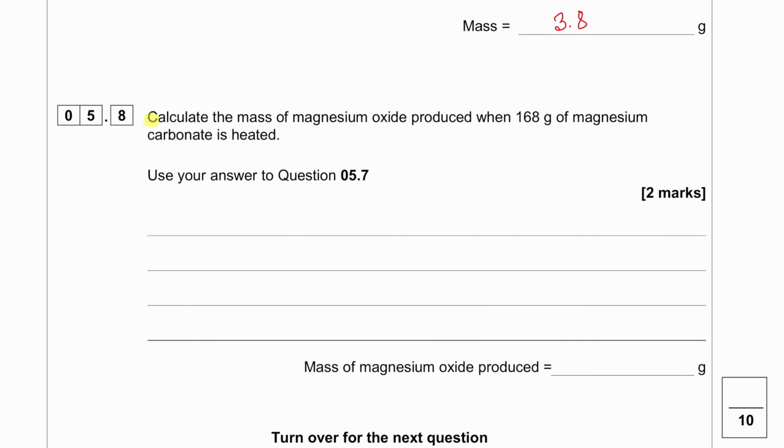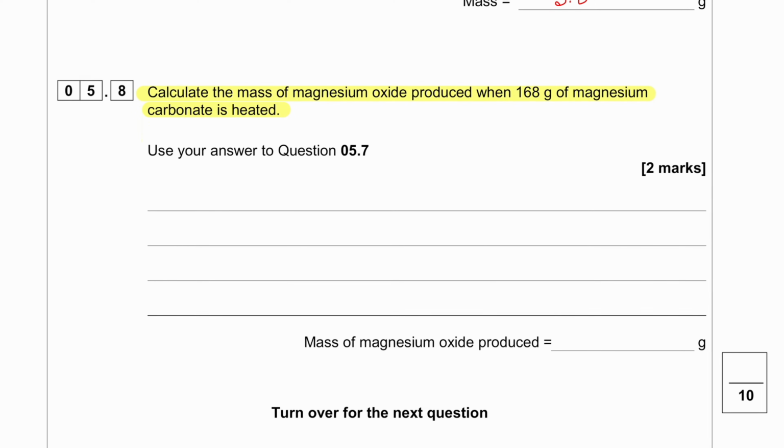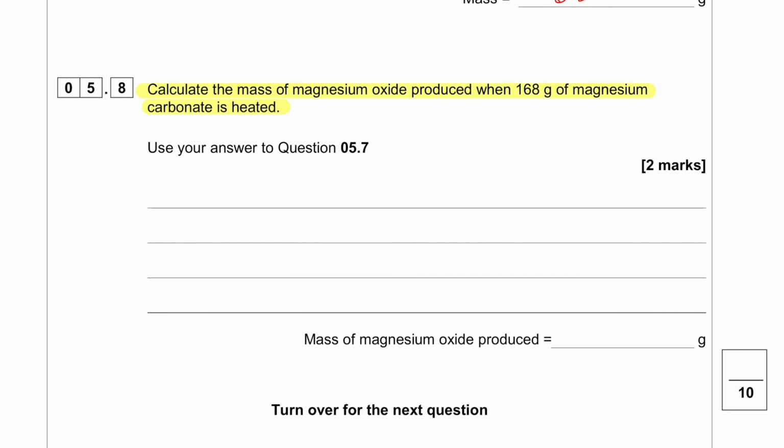All right. Calculate the mass of magnesium oxide produced when 168 grams of magnesium carbonate is heated. Okay. So to find out the mass, it will be mass equals 168 times.